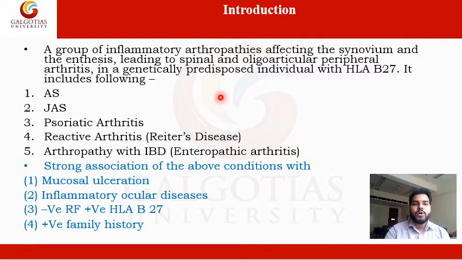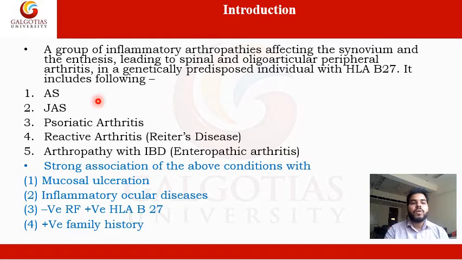So what is spondyloarthropathies? It is a group of inflammatory arthropathies affecting the synovium and the enthesis, leading to spinal and oligoarticular peripheral arthritis in genetically predisposed individuals with HLA-B27.